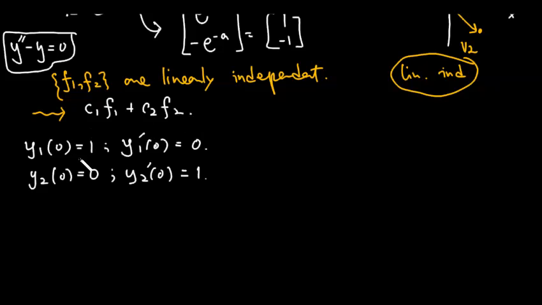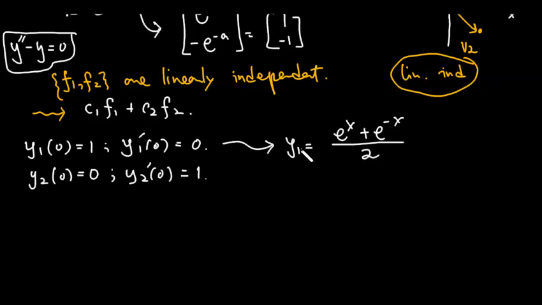What you have to do is simply plug in x equals 0, then differentiate and set these to 1, 0 and 0, 1. When you do that calculation, it turns out y1 is e to the x, so c1 turns out to be 1/2, and c2 turns out to be 1/2 again.